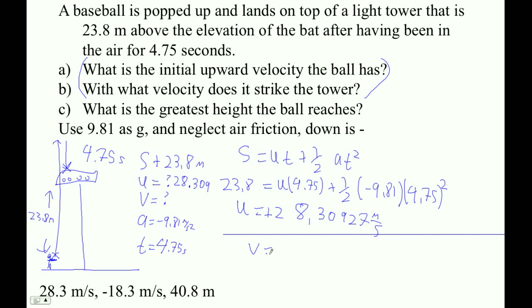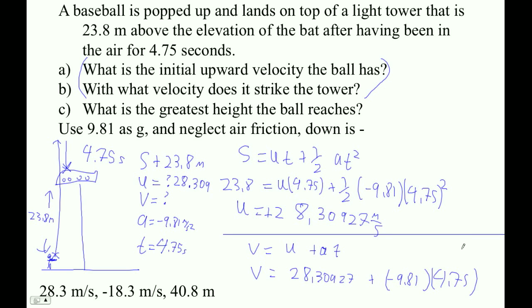Well, I can use just v equals u plus at, and I don't really have any other choice for that. This is an a. Okay, so final velocity is 28.30927 plus negative 9.81 times 4.75.